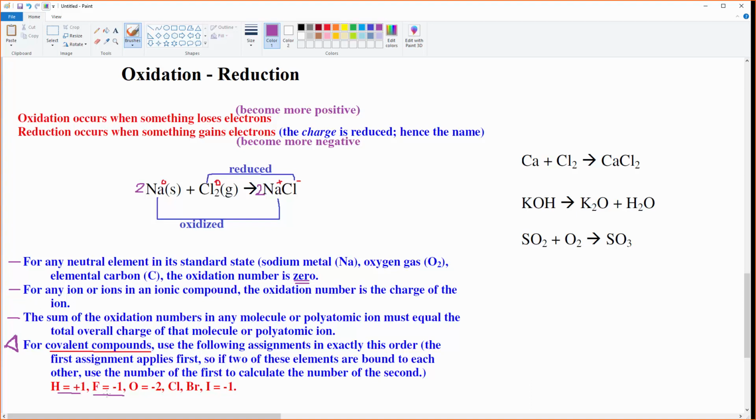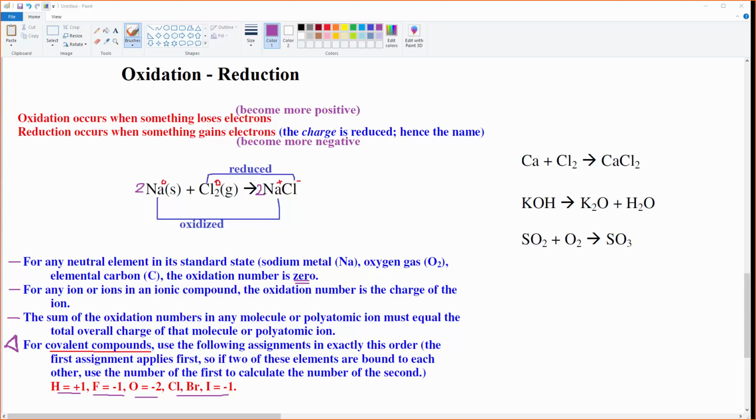And then anything else that's attached, you have to follow the rules here. If there's not a fluorine, then you look for an oxygen, and so on and so forth. So this is an ordered list by priority, and the hydrogen gets to be +1 first. And if there's not one there, then the fluorine gets to be -1, and so on and so forth down the line.